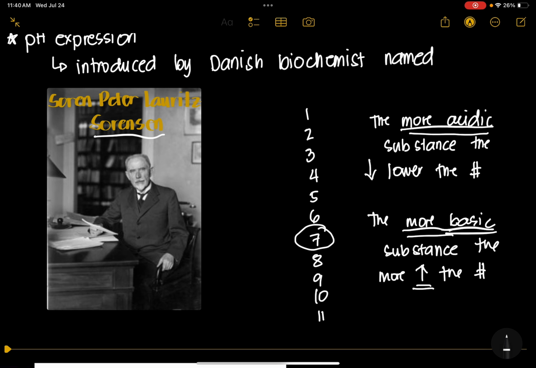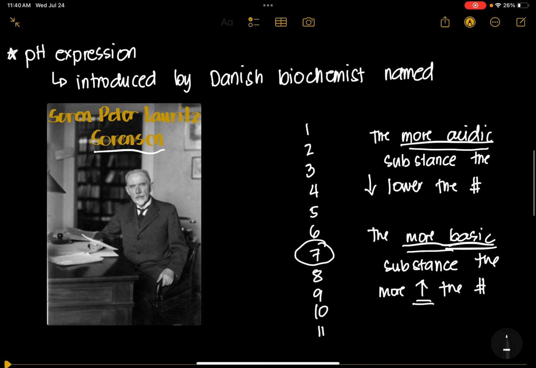I will not ask Søren Peter Lauritz Sørensen why he set 7 as the neutral. I really don't know how he made the number 7, but it is what it is. So the higher the number, the more basic the substance, the lower the number, the more acidic the substance.